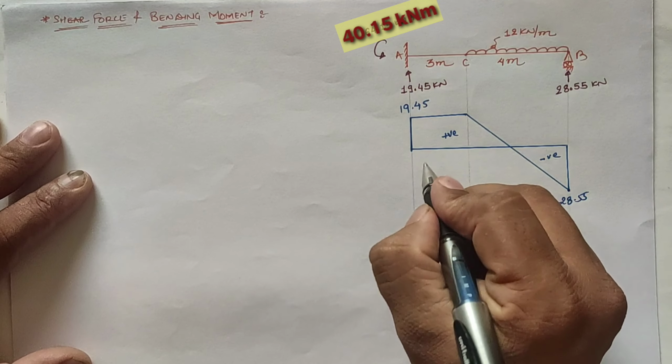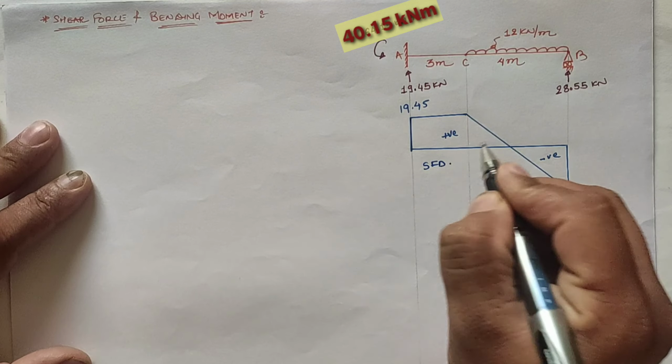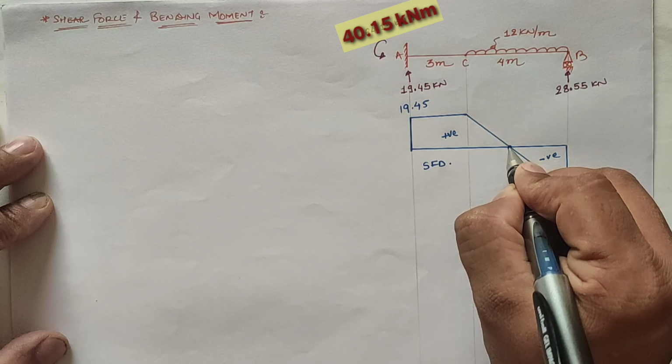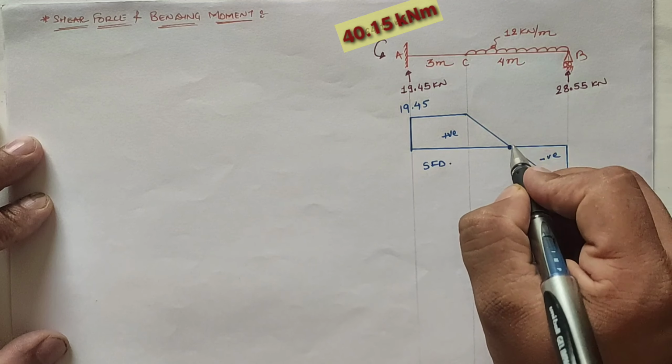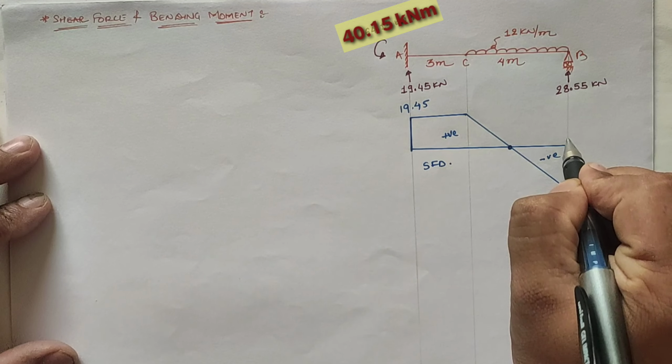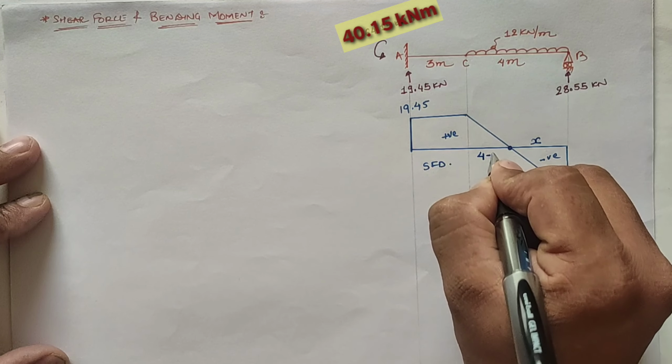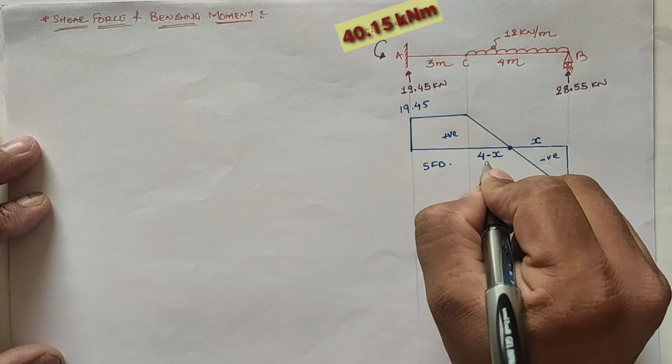So the diagram indicates the shear force diagram in which from C to B we have a 0 shear force location, and the distance is assumed as x meter from the support B, then the remaining value is 4 minus x.